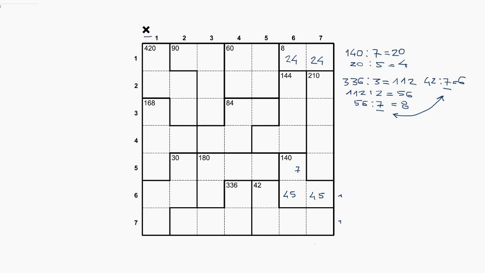Now, what happens with this number 210? Let's try to do some calculations. 210 divided by 7 is a number 30. And number 30 can be divided by number 5, which leads to the number 6.